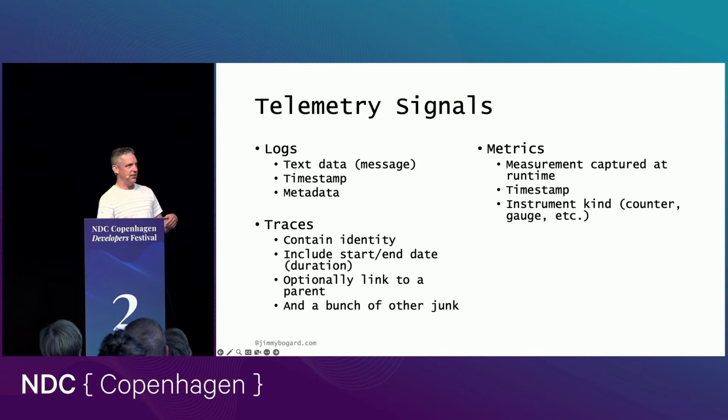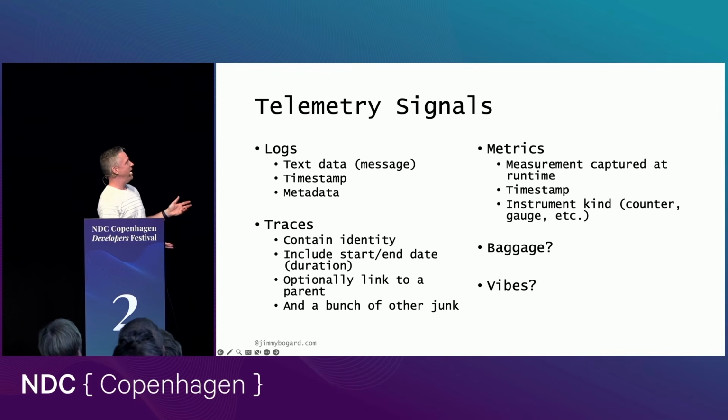What percentage of things happened? What percentage of these happened over time? These are the kinds of things that we can gather via metrics. There are other telemetry signals, like something called baggage, which I won't go into a whole lot, and vibes, I guess. Right now the three main ones are logs, traces, and metrics, but you can have other kinds of telemetry data if you want out the other side.